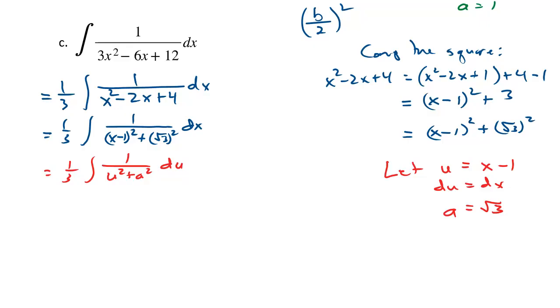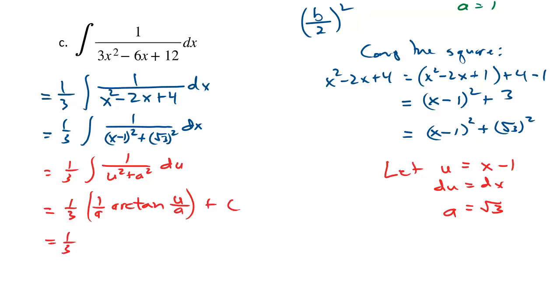And that's the exact pattern for arctan. So this is going to be 1/3 times, I'll write it out in this form first, arctangent of u over a, and then plus c.